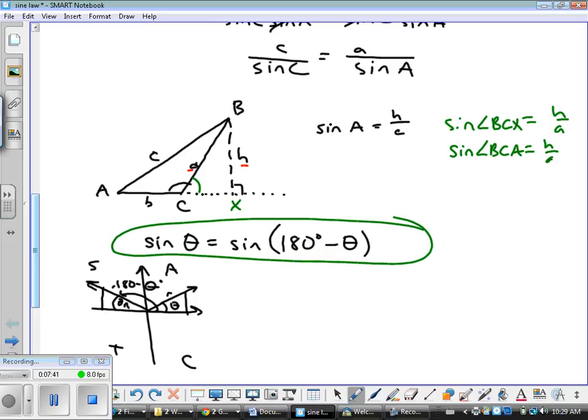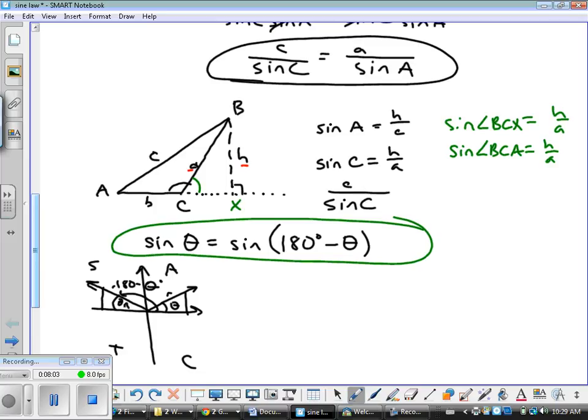All right. So taking that back and just ignoring that whole extra triangle that we had, we can just say, for our formula's sake, that sine C is going to be equal to h over a. Okay, and that's going to give us exactly the same formula that we have here.